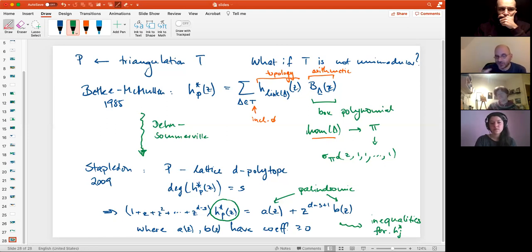That translates into some linear inequalities among the H star coefficients. Any questions about this? I should say philosophy.